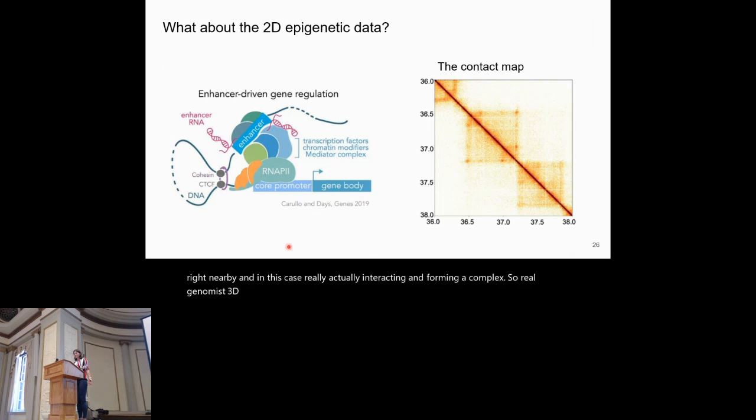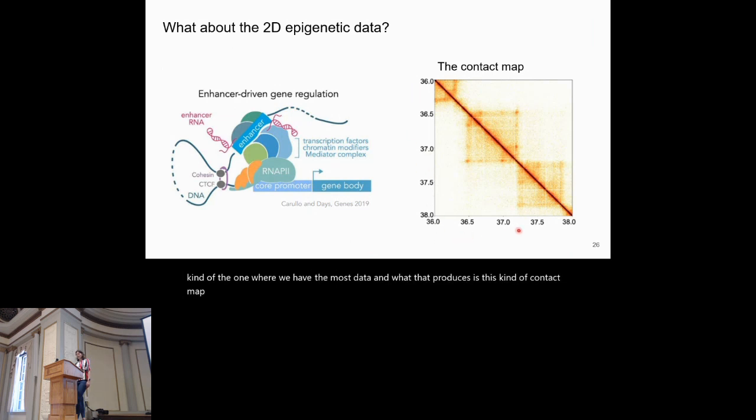But most of the time, we think of it as being 2D, because one of the most effective ways we have of measuring 3D interactions is by doing these co-localization assays. It's not the only way, but it's the one where we have the most data. What that produces is this contact map.